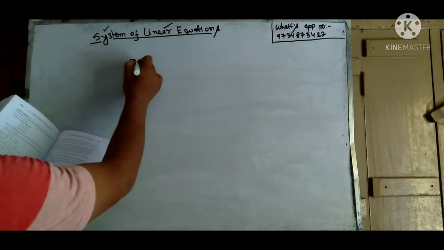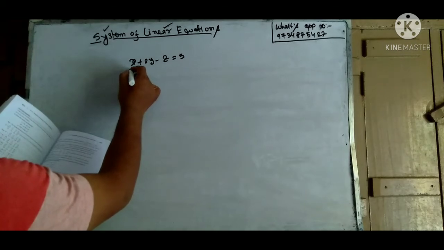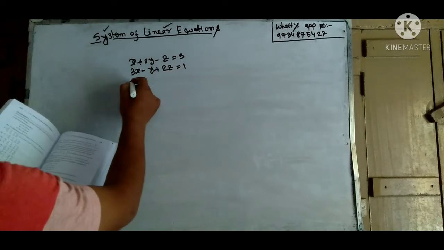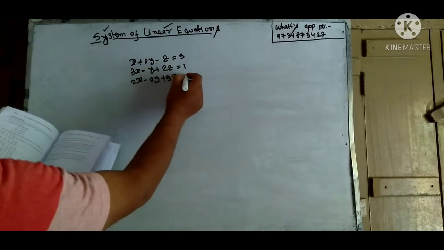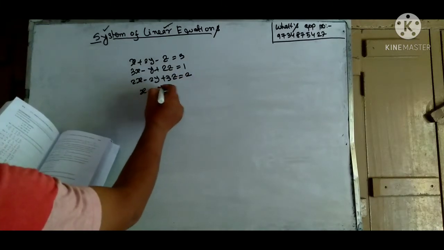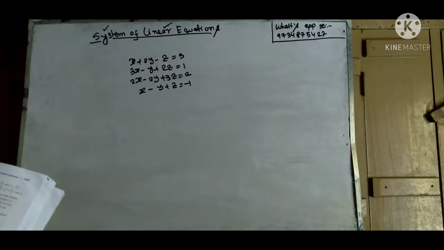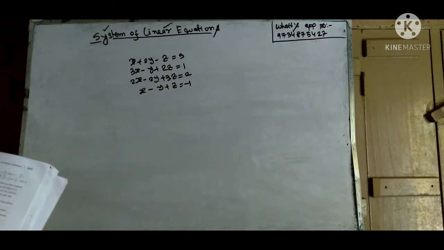Take this system: x plus 2y minus z equals 3, 3x minus y plus 2z equals 1, 2x minus 2y plus 3z equals 2, and x minus y plus z equals minus 1. So x plus 2y minus z equals 3, 3x minus y plus 2z equals 1, 2x minus 2y plus 3z equals 1, x minus y plus z equals 1.